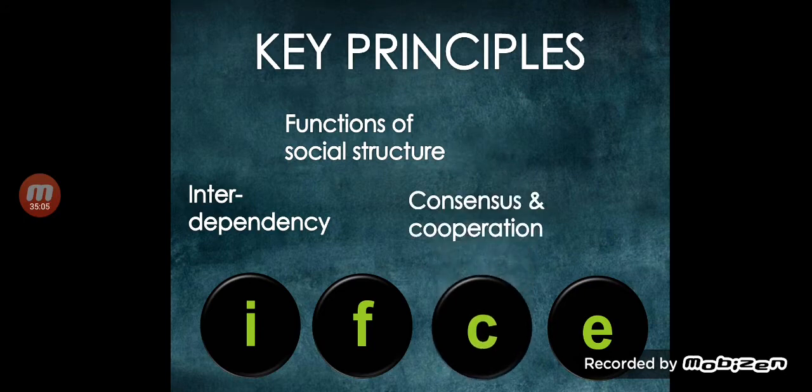Third one, consensus and cooperation. There will be no consensus without cooperation. Do you agree? Even in your simple grouping, when you are about to form your groups, if there is always someone or two in the group who are always complaining and do not want to go with the group, always against the group, with continuous brainstorming, you cannot come up with a certain plan.